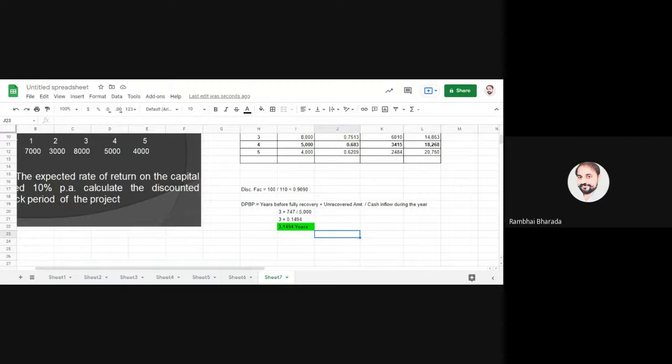Are we clear about this practical question? Any doubt, any query? Okay, last thing, last 1 minute. Suppose in some question papers, some people are smart and they ask you to write the answer in years and months. Calculate the payback period in years and months. So if somebody asks to write in months, you can write like this: 3 years plus whatever answer you get, 0.1494 into 12, because in 1 year we have 12 months.